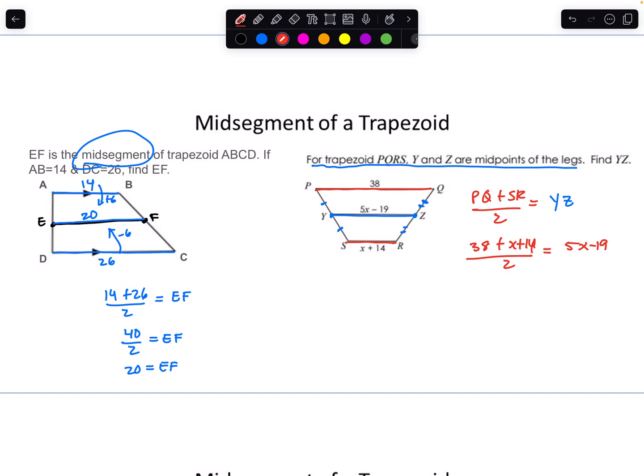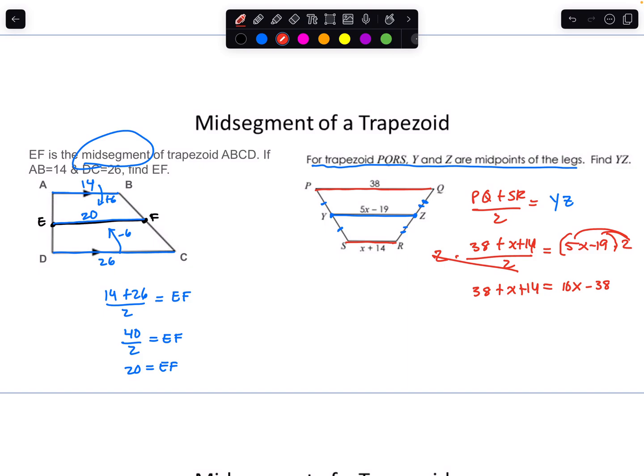To get rid of the fraction, I'm going to multiply both sides by 2. That cancels the denominator, leaving you with 38 plus x plus 14 equals 2 times everything on the right, which means I have to distribute. 2 times 5x is 10x, and 2 times 19 is negative 38. Now that the fraction is gone, I can just combine like terms and isolate the variable.